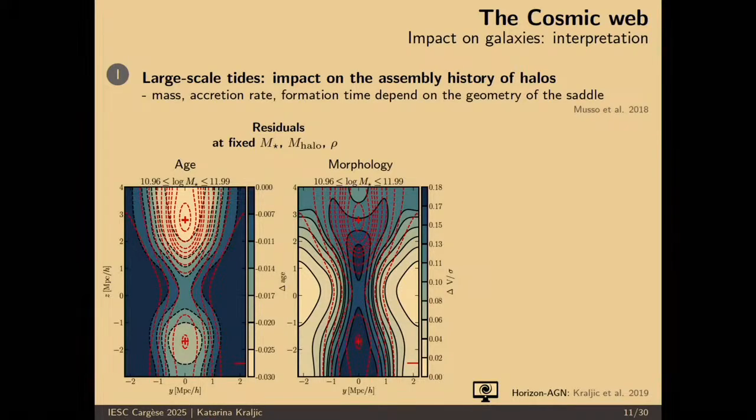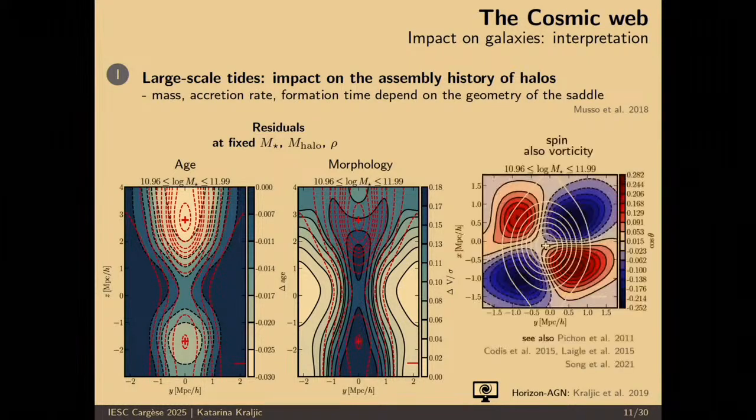The residuals are very close to zero, so we can claim that we have sort of explained this quantity by these three parameters. However, for morphology, not only are the residuals very high, but they also have this typical geometry that shows up in this reference frame of the saddle point. So what is causing this? And we are going back to this acquisition of the spin.